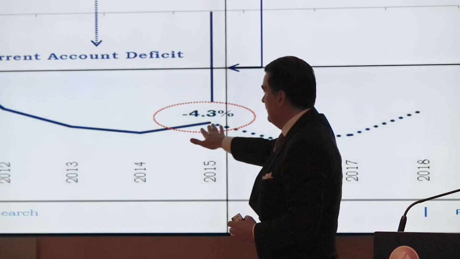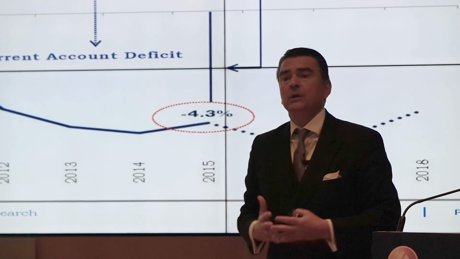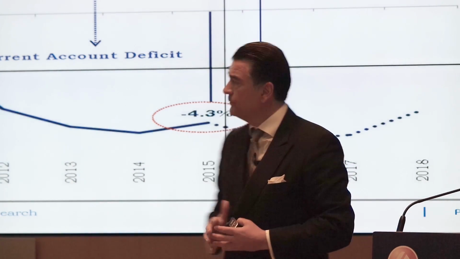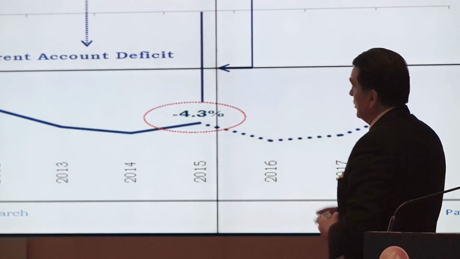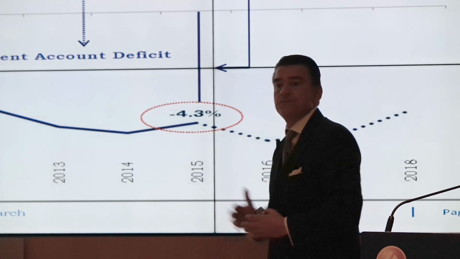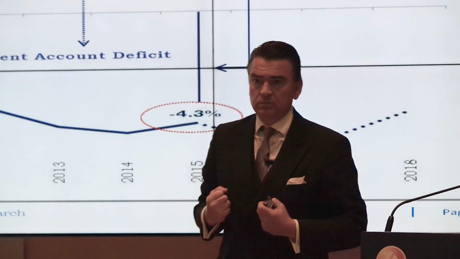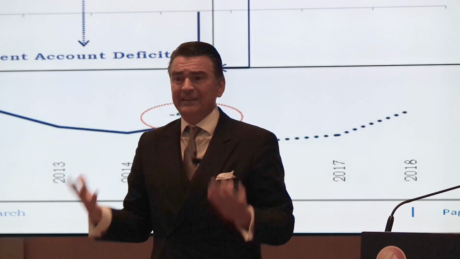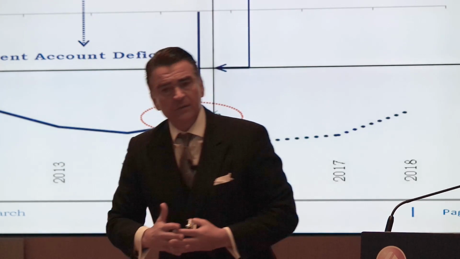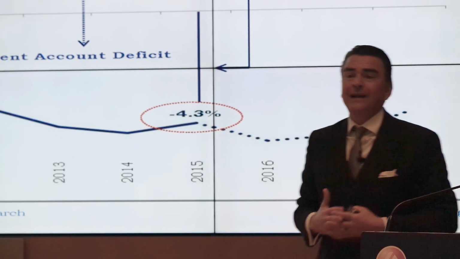And the UK runs a very significant current account deficit with the rest of the world and with the rest of the European Union. In order to sustain this kind of deficit, the UK needs to attract investment, needs to attract FDI, which is a very important source of financing the current account deficit, and other types of capital.